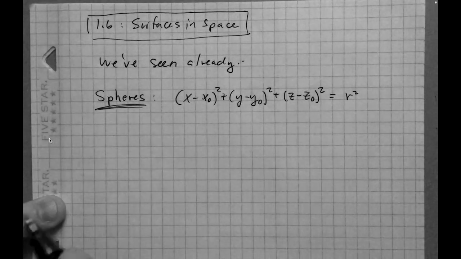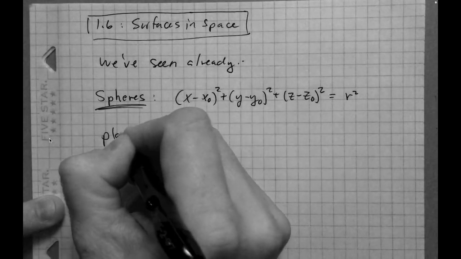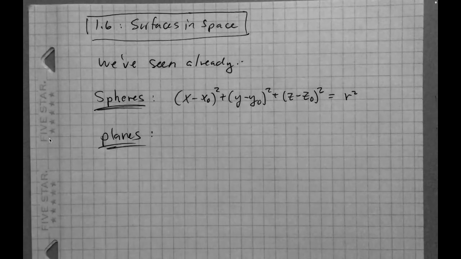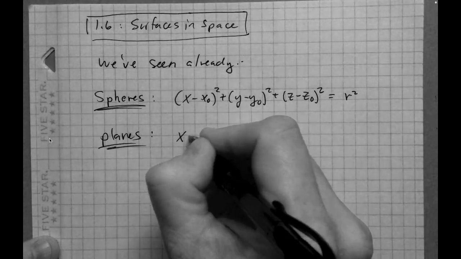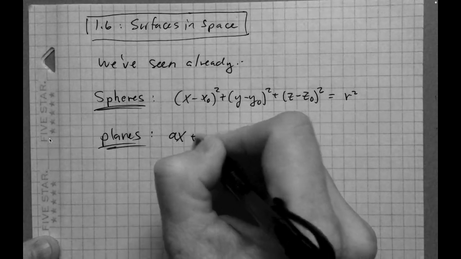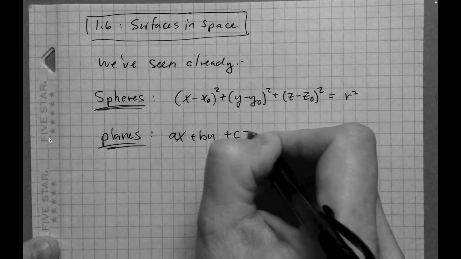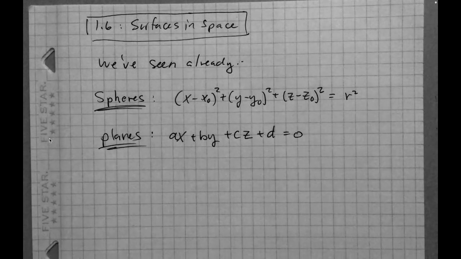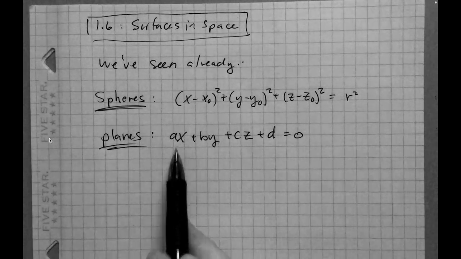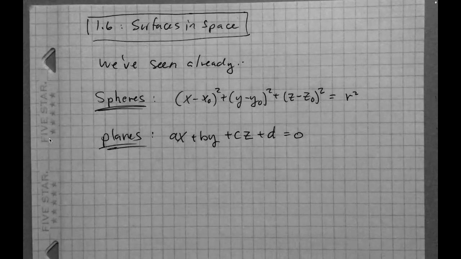We've also just got done talking about planes. Planes can be represented using the equation ax plus by plus cz plus d equals 0. In this case, a, b, and c are the three coordinates of a vector normal to the plane.